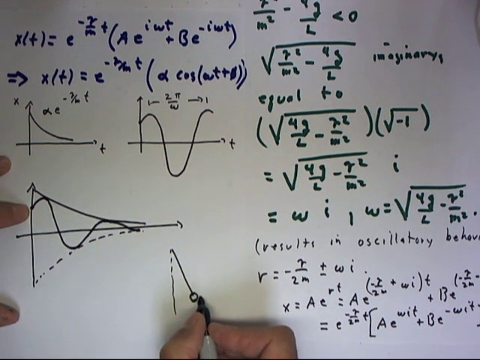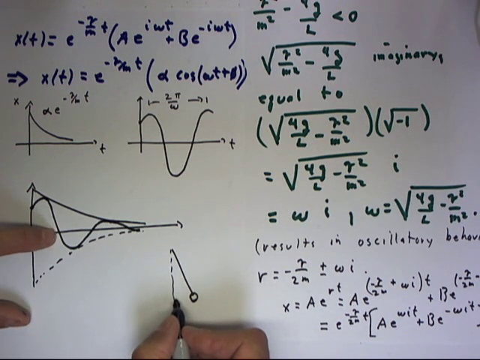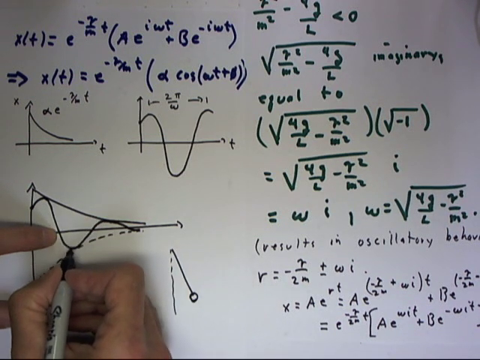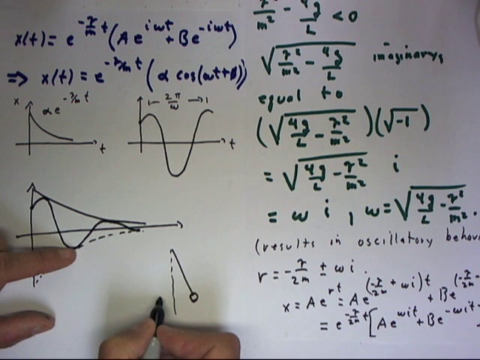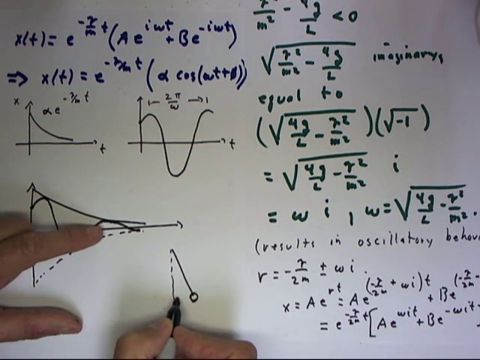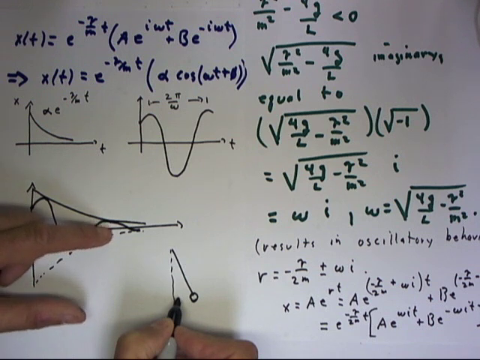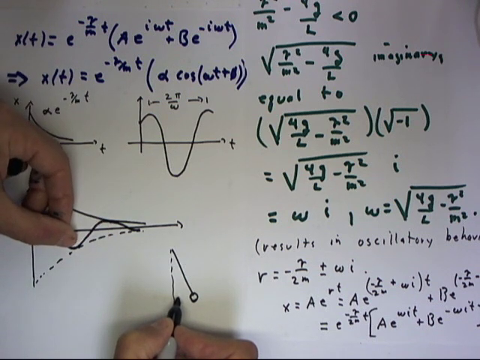So the pendulum is going to move out, and then it's going to come back to equilibrium, and then it's going to swing past equilibrium, but not as far as it did here. So it's going to swing a little ways past equilibrium, then it's going to come back to equilibrium and come a little ways past equilibrium again, but not as far as it did before swinging back.